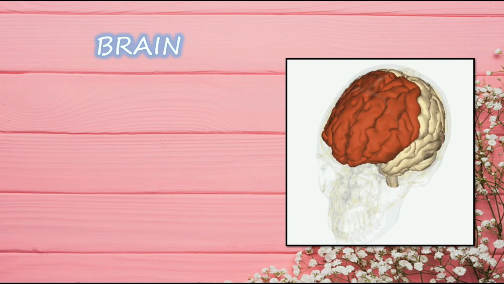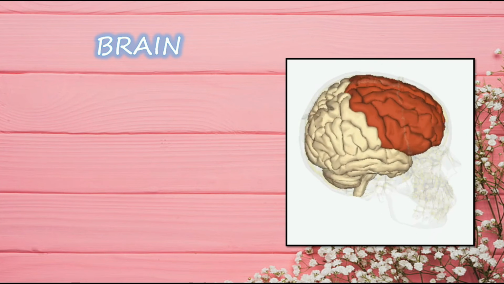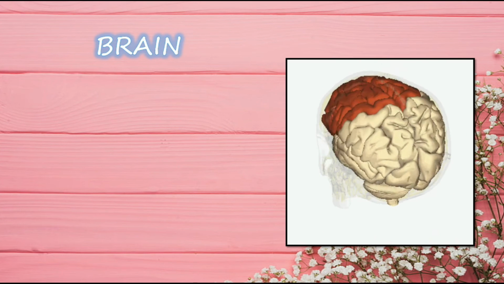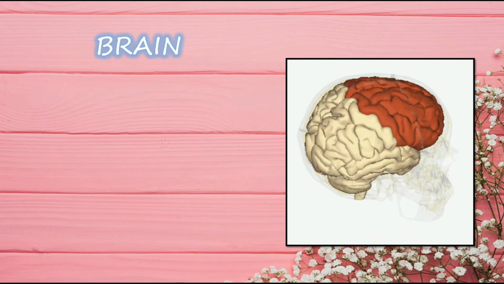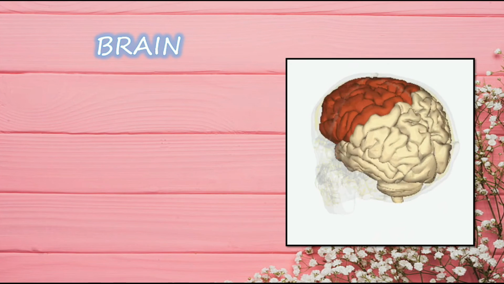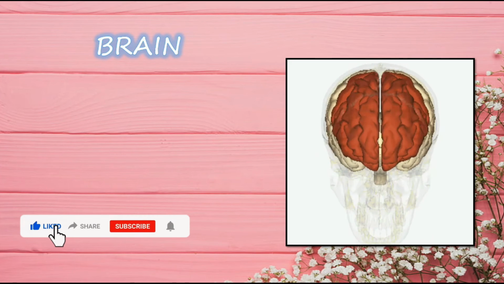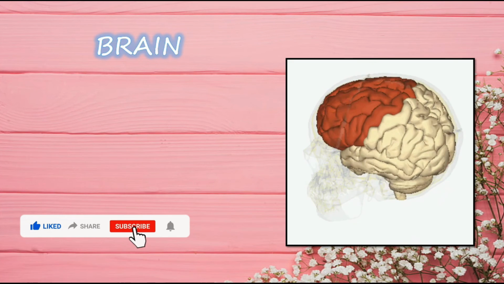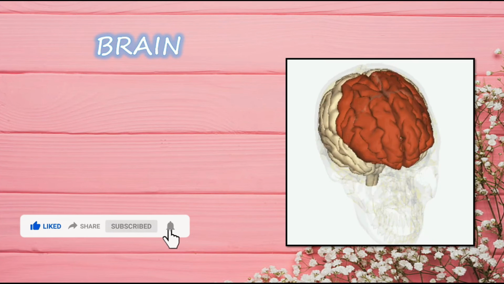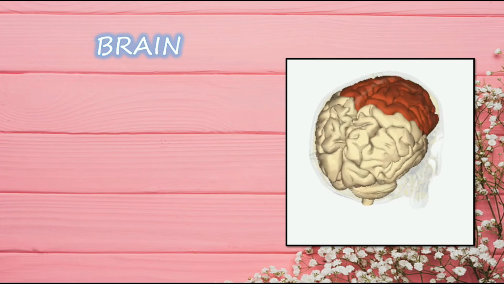So automatically what does it do? It orders you to look at the person who touches you. After the command is received from the brain, the eyes automatically turn to the person who touched you. This is why the brain is known as a commander.